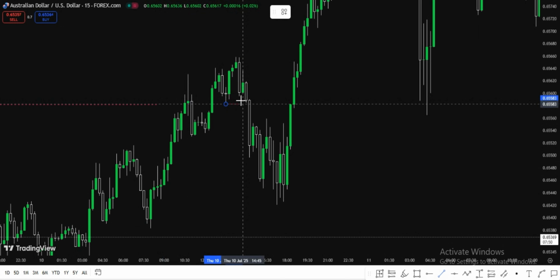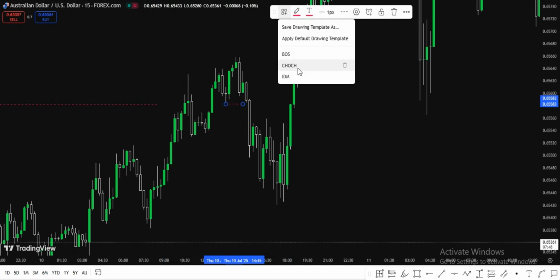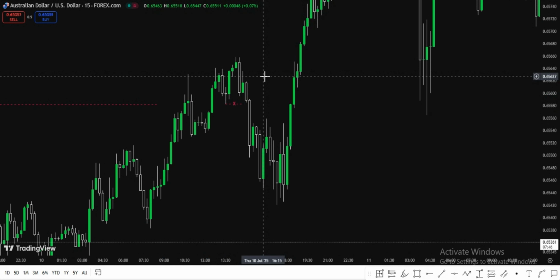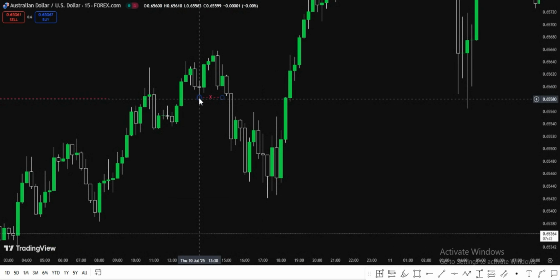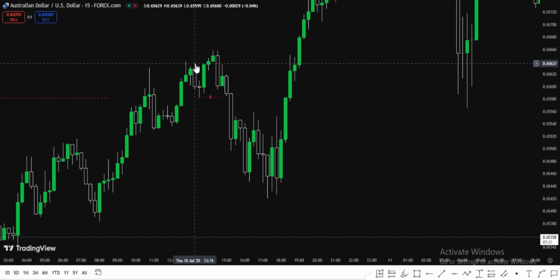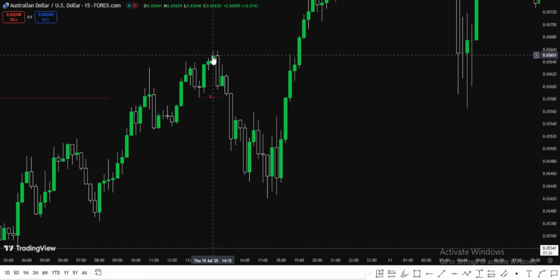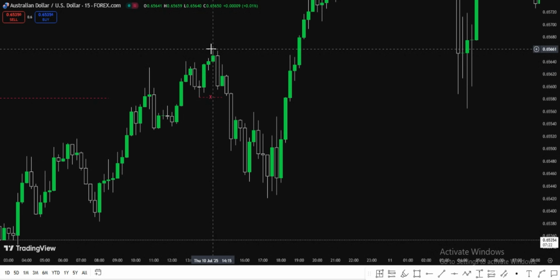Yes, this is inducement. Why is this inducement? Simply, here this candle took out the low of a previous candle, and after that took out the high of the previous candle by this move. So this is a valid inducement and pullback for us.